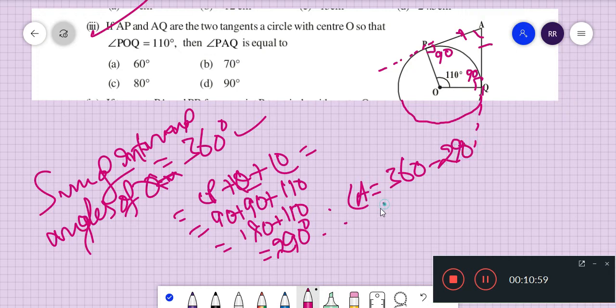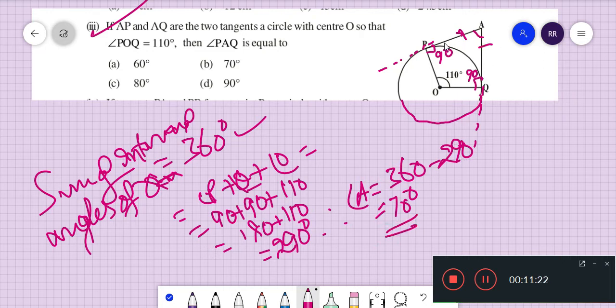The sum of total angles is 360. Out of that, the sum of these three angles is equal to 290. So angle A becomes how much? 70 degrees. 360 minus 290 is equal to 70.